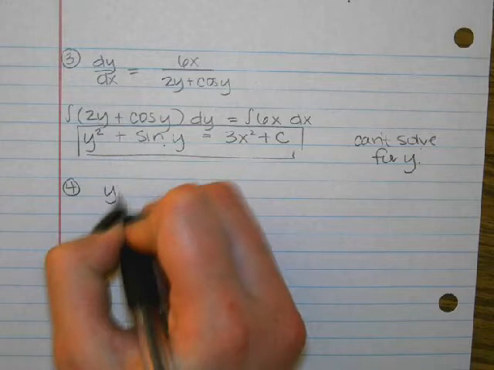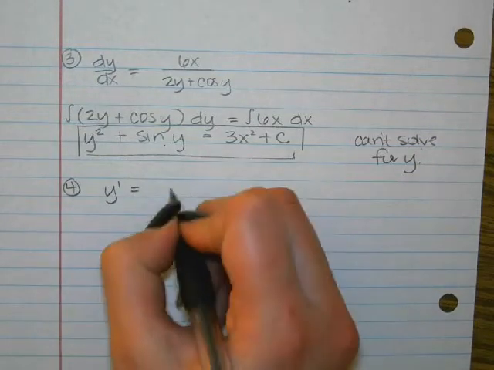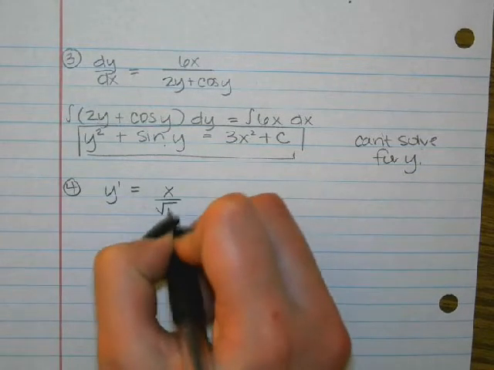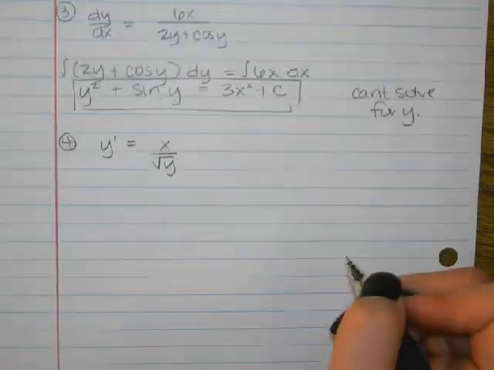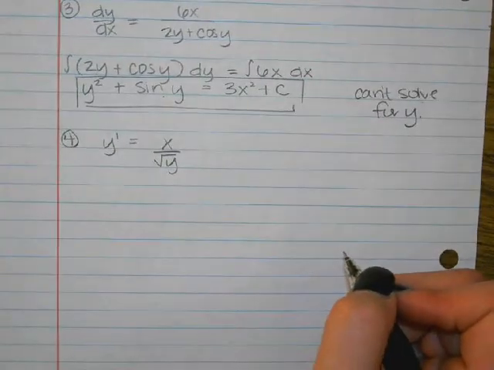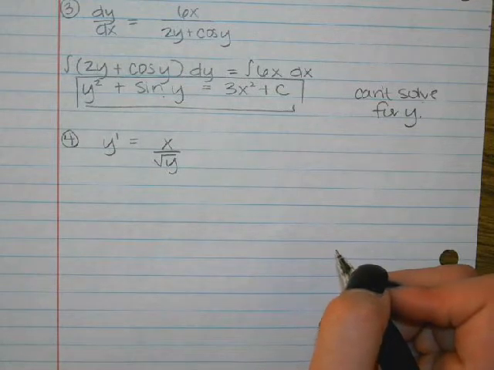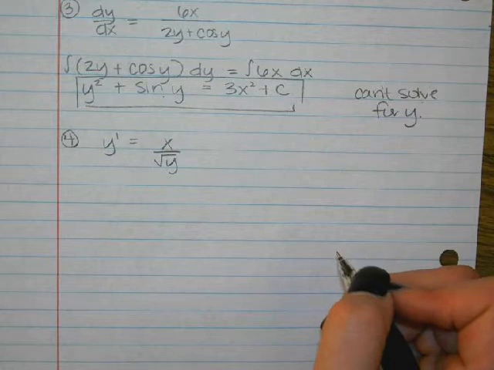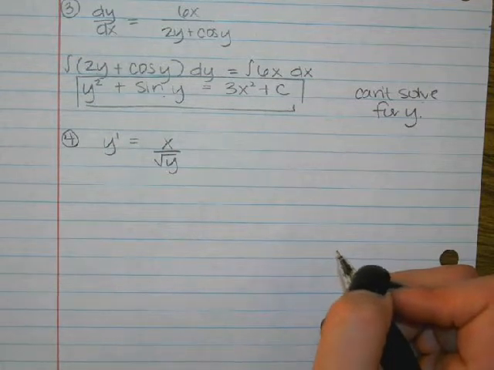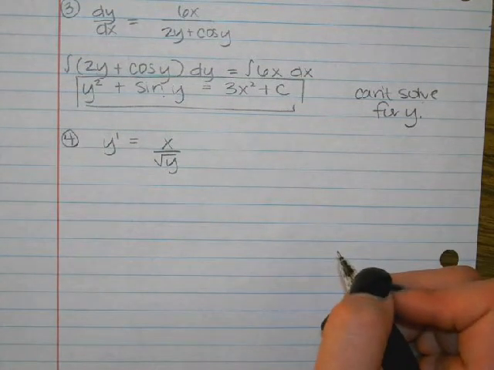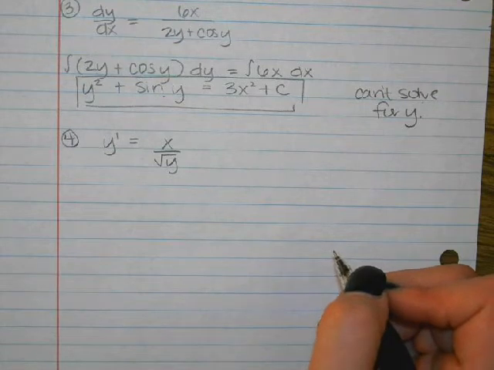The next one, we're going to say y prime is x divided by square root y. What's another way of writing y prime? dy dx.